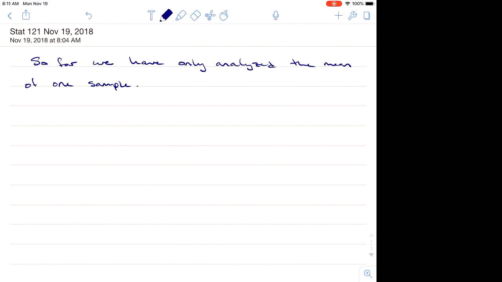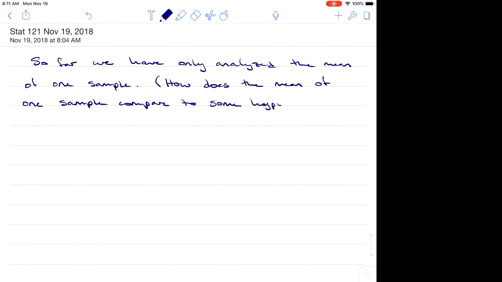Okay. So far we've only considered how does the mean of one sample compare to some number. Right. So I'll just say, how does the mean of one sample compare to some hypothesized mean?